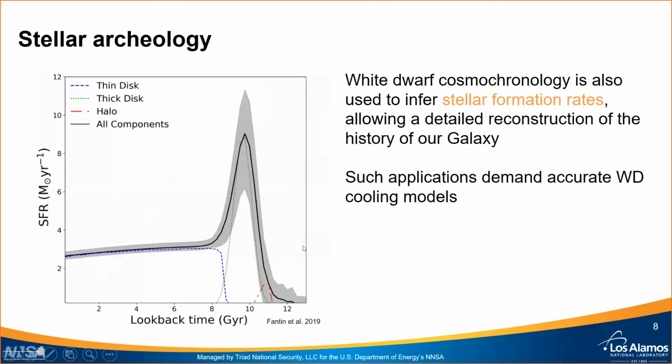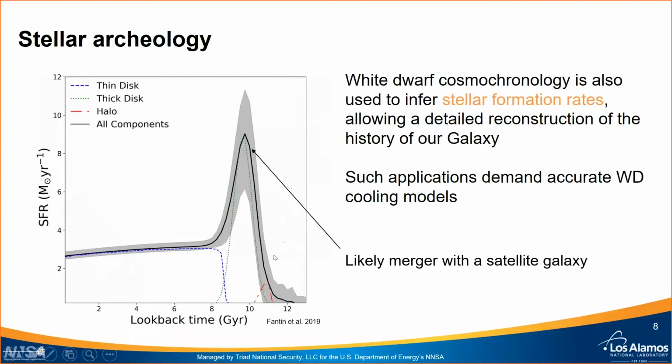And we now have good enough statistics to resolve interesting features in there. So this peak, for instance, has been linked to the merger of our galaxy with a nearby satellite galaxy. So those kinds of events are known to trigger a burst in stellar formation.